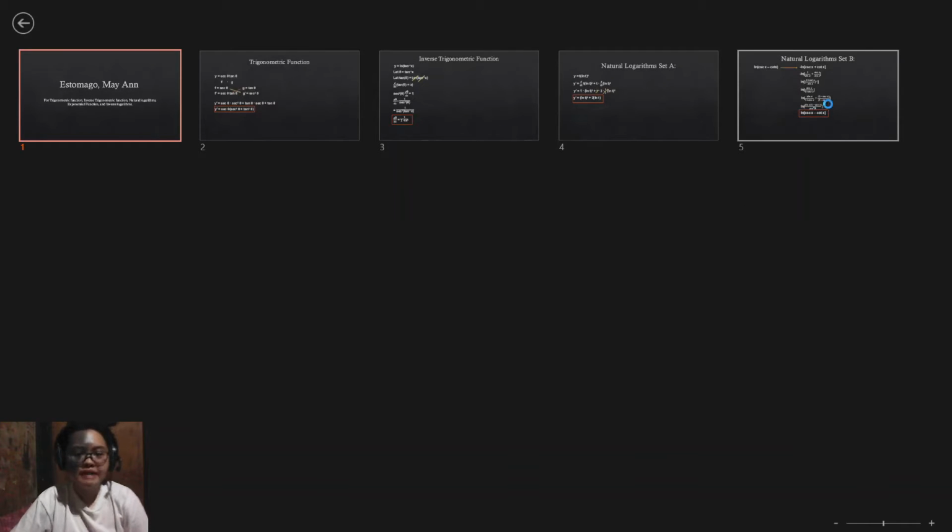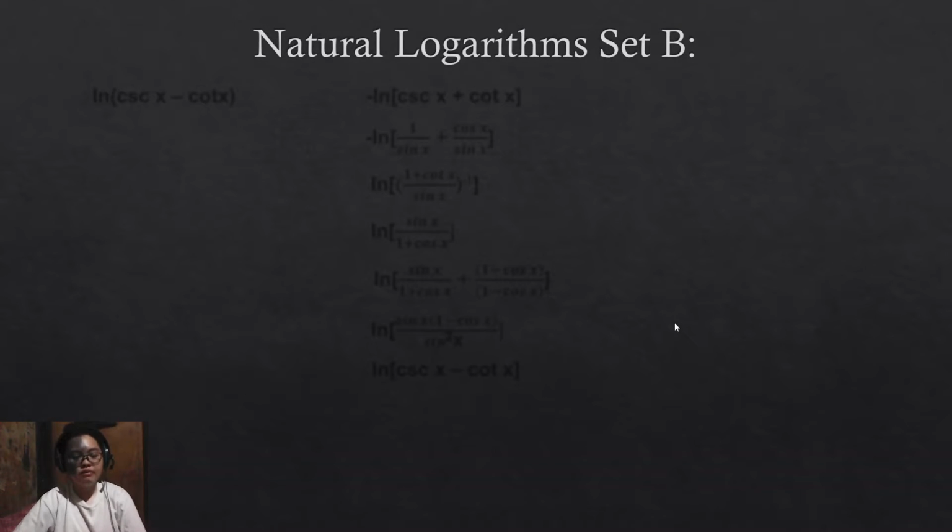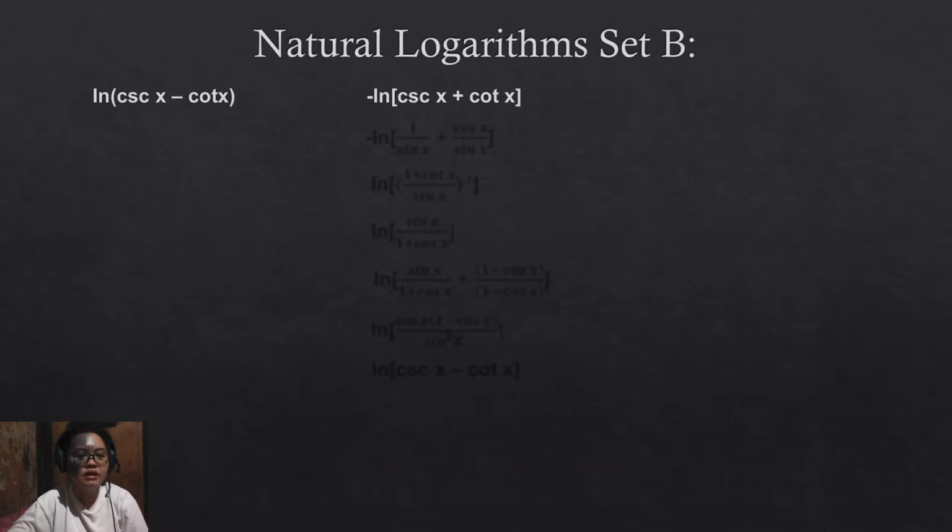Next will be set B of the natural logarithm. We have the given ln of cosecant x minus cotangent x. Instead of this given, I will change it into negative ln of cosecant x plus cotangent x. We copy the negative ln, and we all know that cosecant x is 1 over sine x and cotangent x is cosine x over sine x.